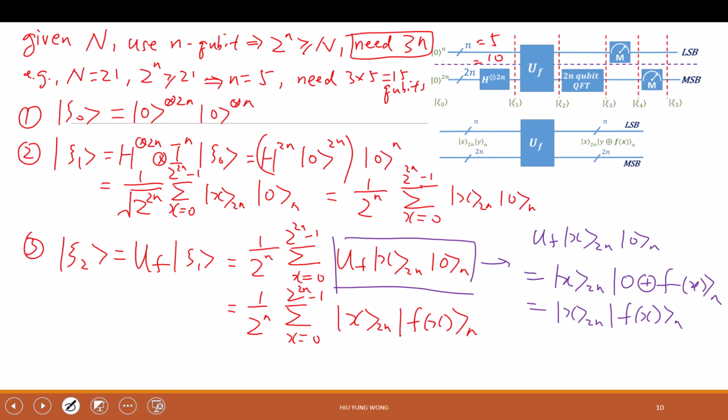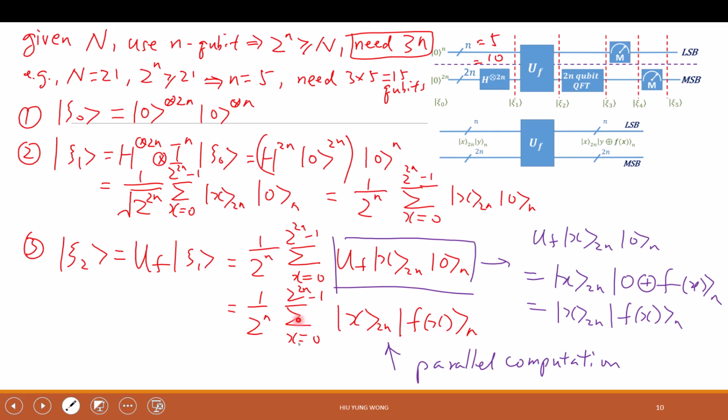Do you see that this is a parallel computation? If I have 40 qubits, I have done 1 trillion f of x computation in one shot.